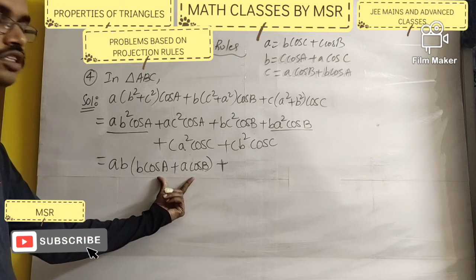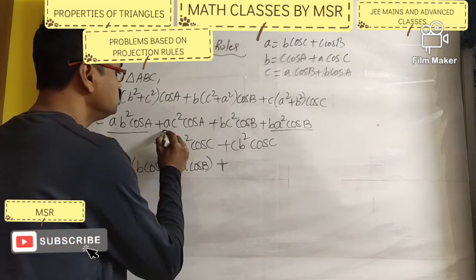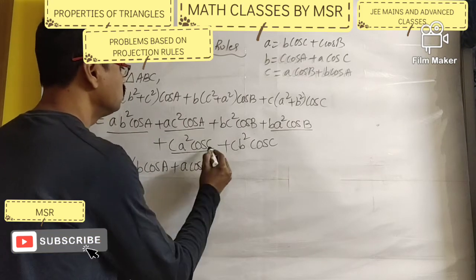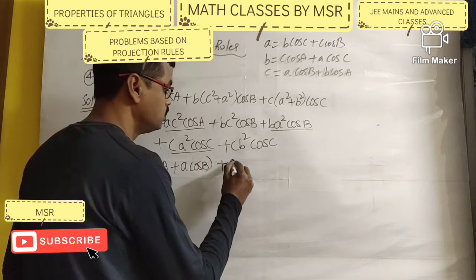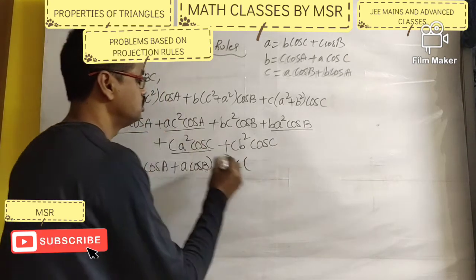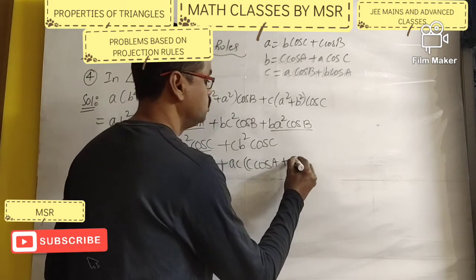So you got a simplified form. Again, a c square cos A and c a square cos C. From these two terms, I can take ac common. If you take ac common, here c cos A plus a cos C.